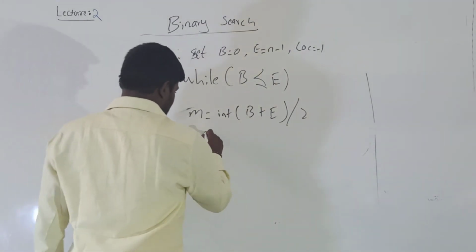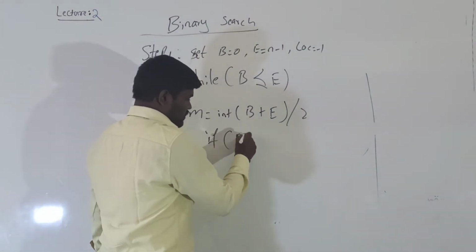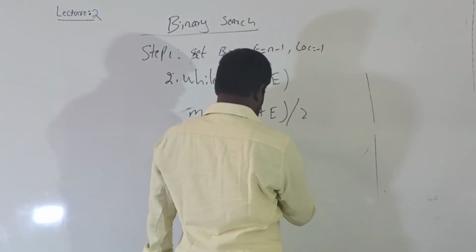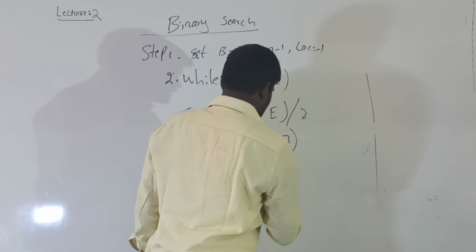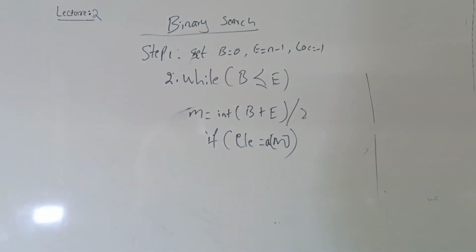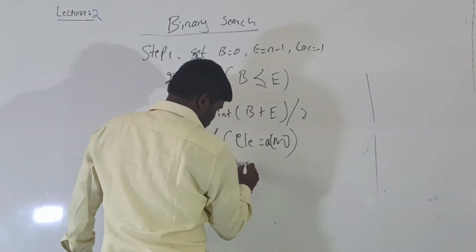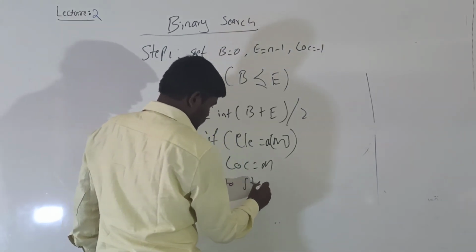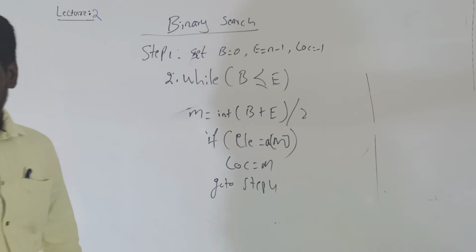Next, if element is equal to a of mid, location is equal to m, go to step 4.